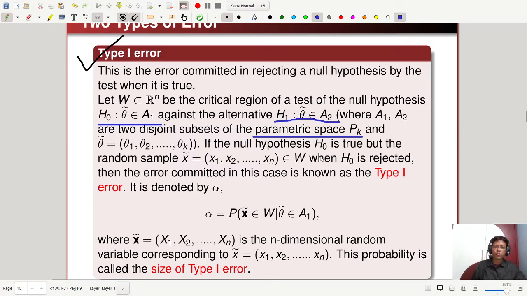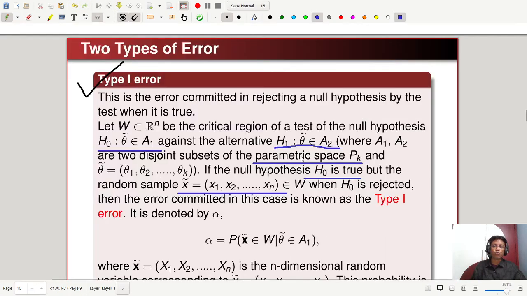If the null hypothesis H naught is true, but the random sample point x belongs to W, we have to reject H naught, but H naught was true.